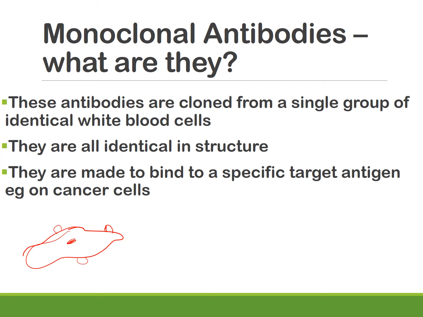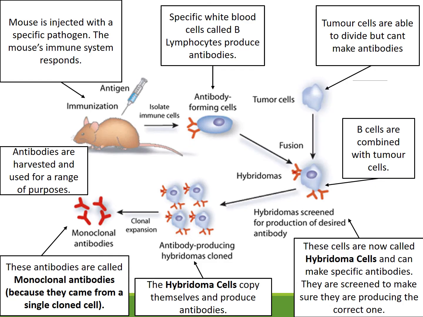Remember, cancer cells are usually misshapen. And a monoclonal antibody will be an antibody that we clone, from a cell that we can produce, cloned to produce as many antibodies as possible that fit that cancer cell.